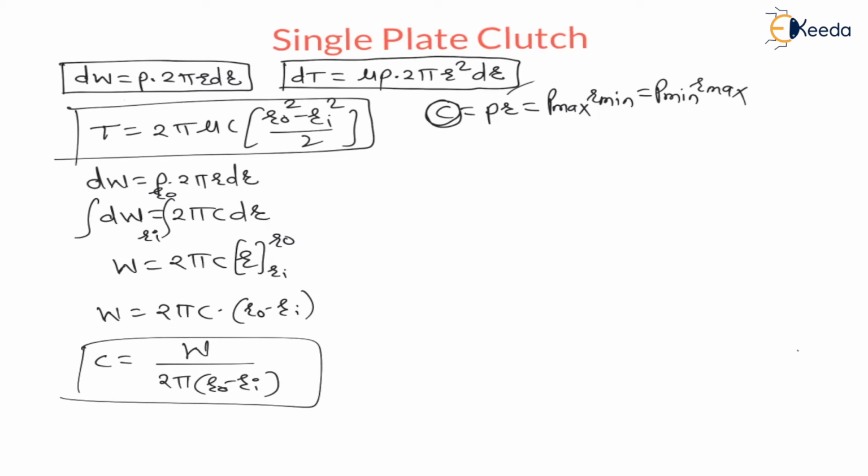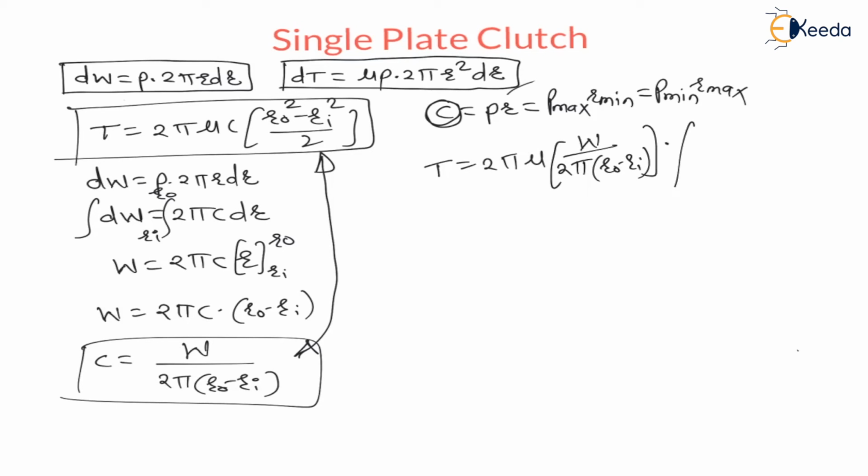Now put this constant in the torque formula. Therefore torque is equal to 2 pi mu, instead of c put W divided by 2 pi ro minus ri, into ro square minus ri square divided by 2. Let us solve this.